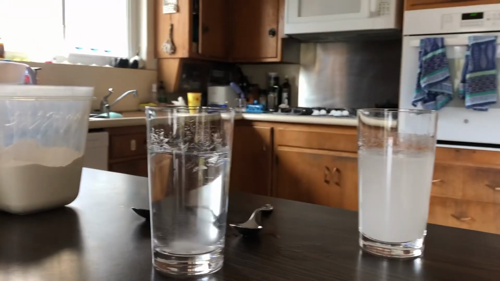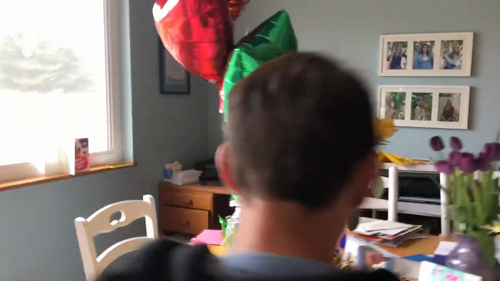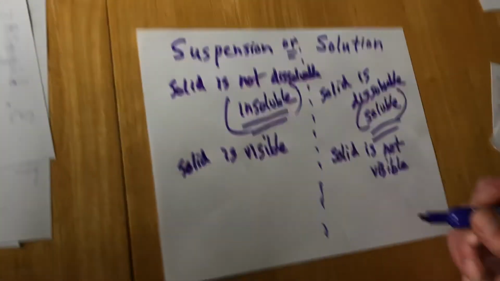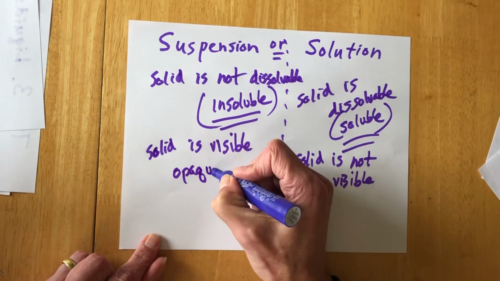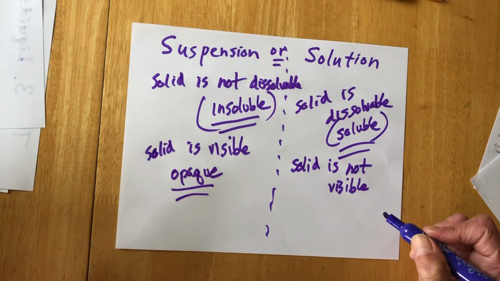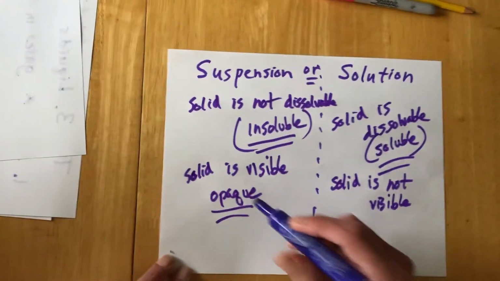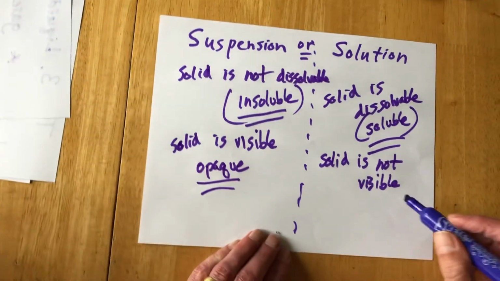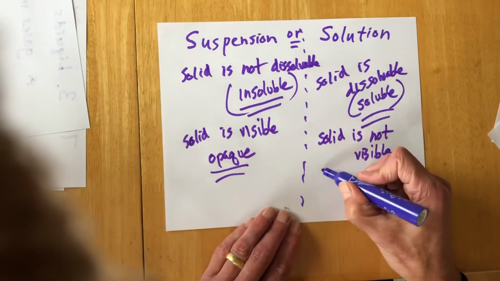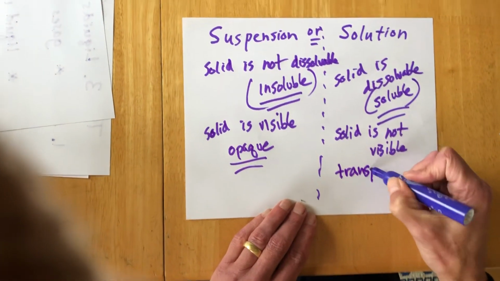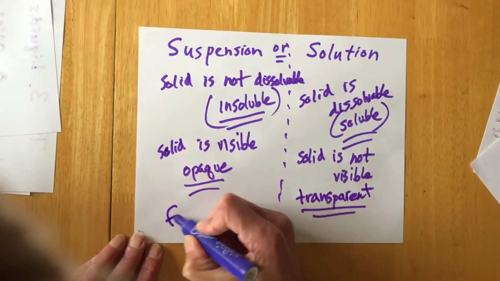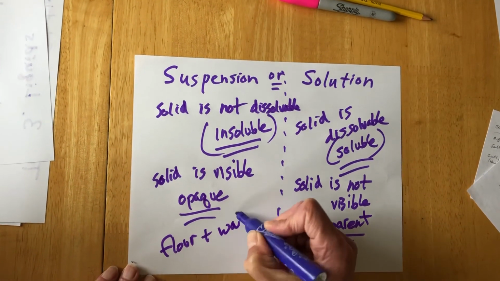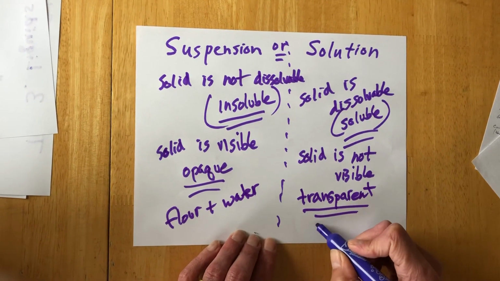Okay? Another name for something that's not clear would be opaque. A suspension would be opaque, and the solution would be what we call transparent. The examples that we just showed were the flour and water, and then in this case it was sugar water.